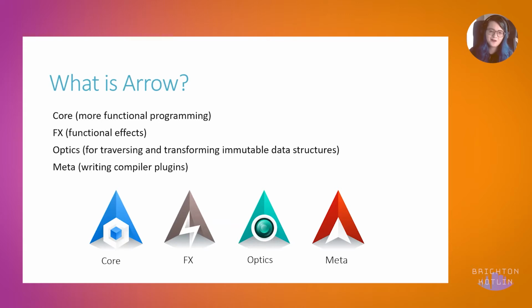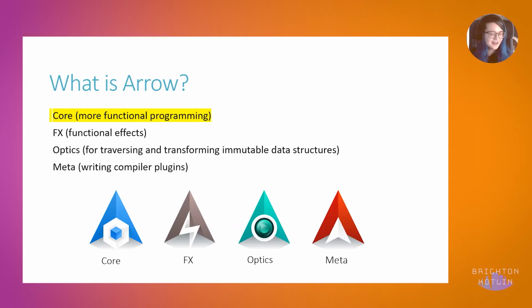Optics will help you when you have to deal with nested structures and you have, for example, to update a field in a deeply nested object without doing copy, copy, copy, and copy. And meta is more advanced stuff, which enables you to write compiler plugins, linters, and such. But today, we're talking about basic things, especially about Arrow core.